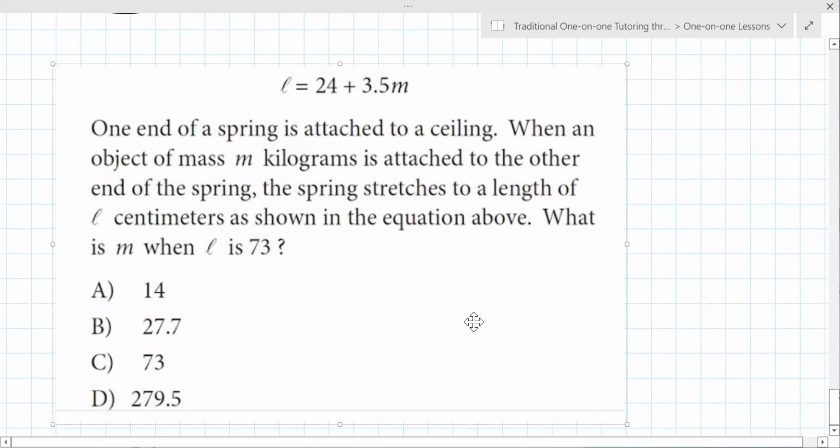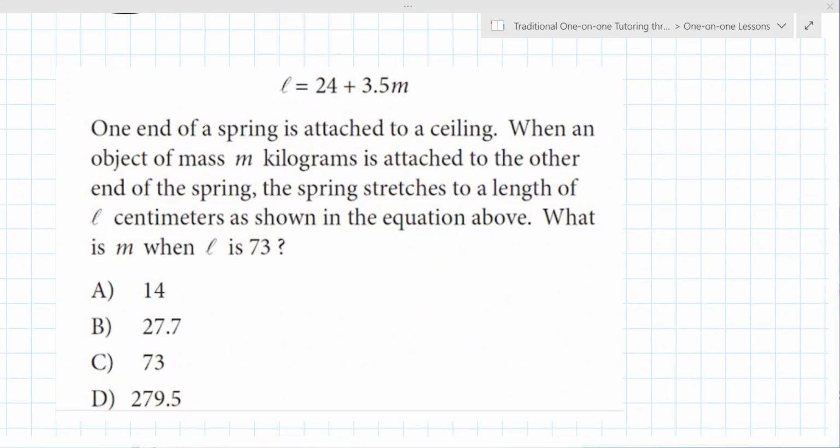A spring is attached to the ceiling. When an object of M kilograms is attached to the other end, the spring stretches to a length of L centimeters. It's known by the equation above.